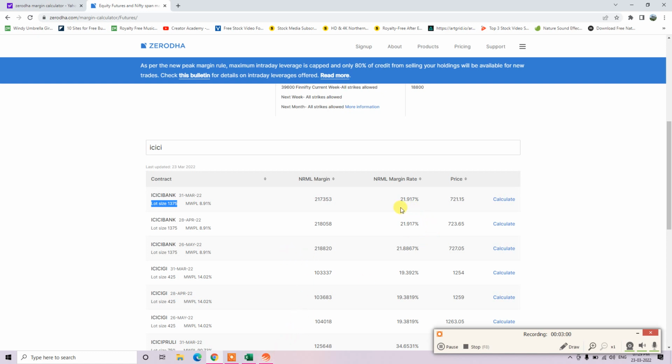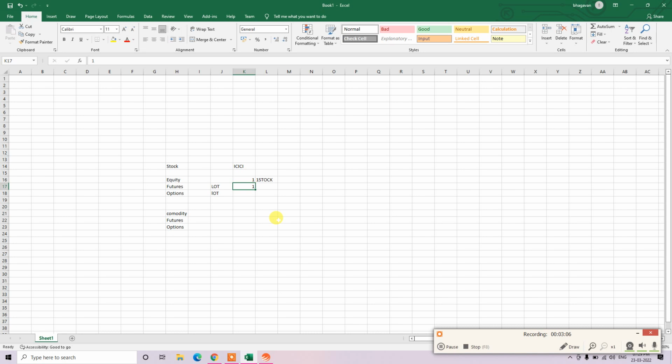For that, we need a margin of approximately 2,17,000 rupees to trade. It means if I want to buy 1375 stocks in a single shot, I can do that in futures, and even in options as well. In options, one lot is equal to 1375.